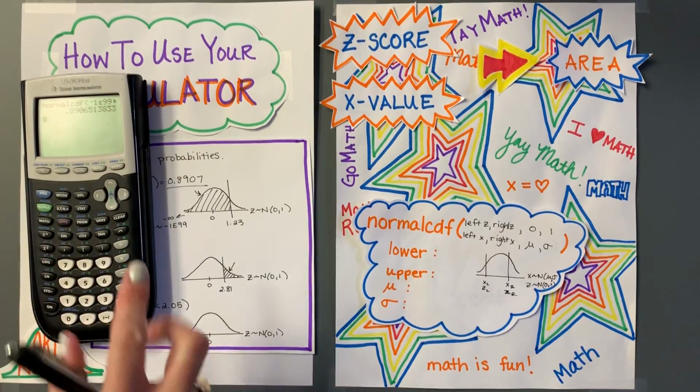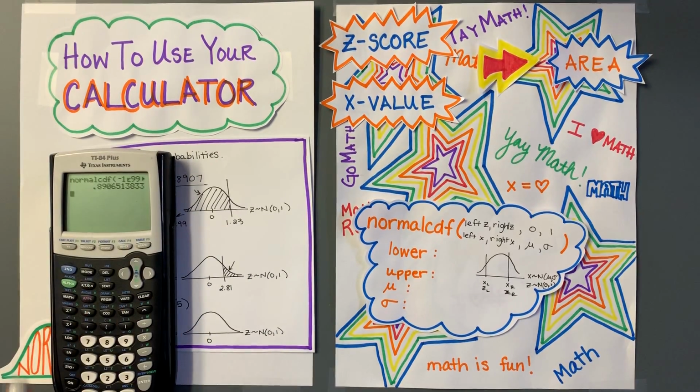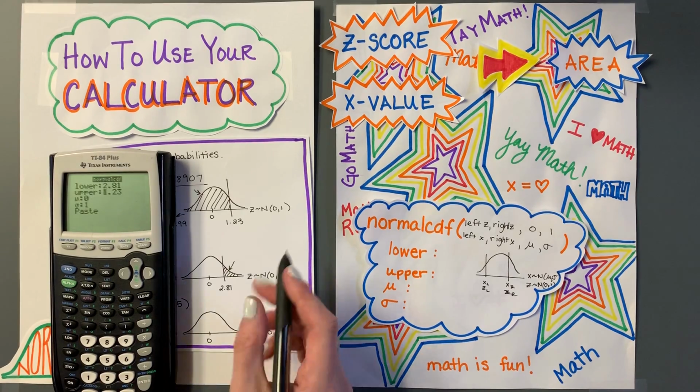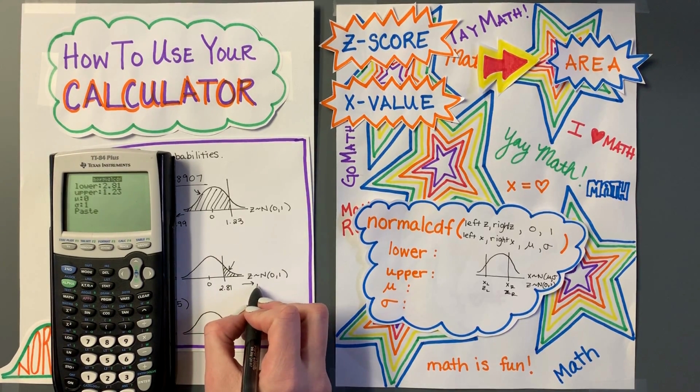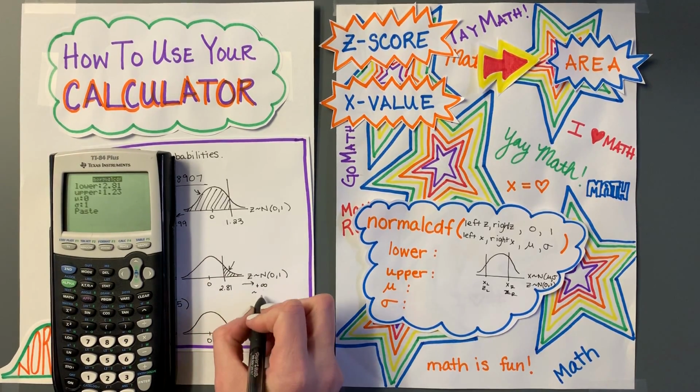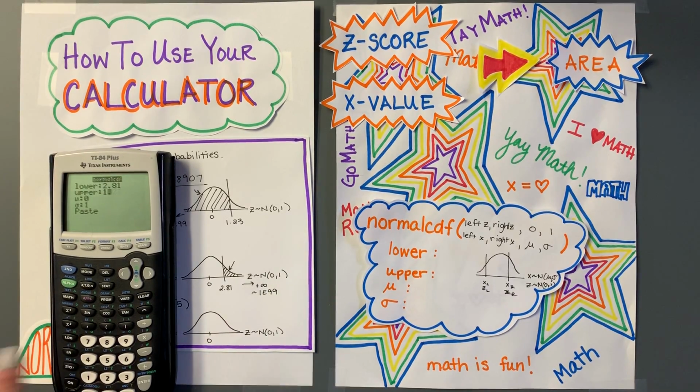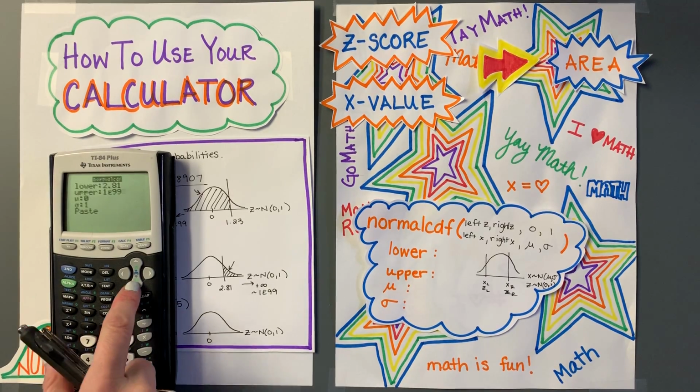So I'm going to go back to my calculator, and on my calculator, I'm going to pull up normal CDF. The left limit here is now 2.81. The right limit is now positive infinity, which we are going to approximate with 1e99. So 1, the E button, we hit second, and then the comma, 99.